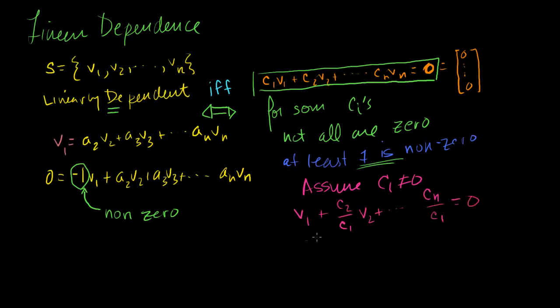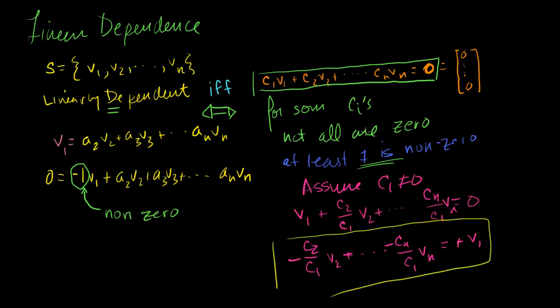Then I can subtract v1 from both sides, and I get c2 over c1 v2 plus all the way up to cn over c1 vn is equal to minus v1. Now if I multiply both sides by negative 1, all of these become minuses, and this becomes a plus. I just showed you that if at least one of these constants is non-zero, I can represent my vector v1 as some combination of the other vectors.